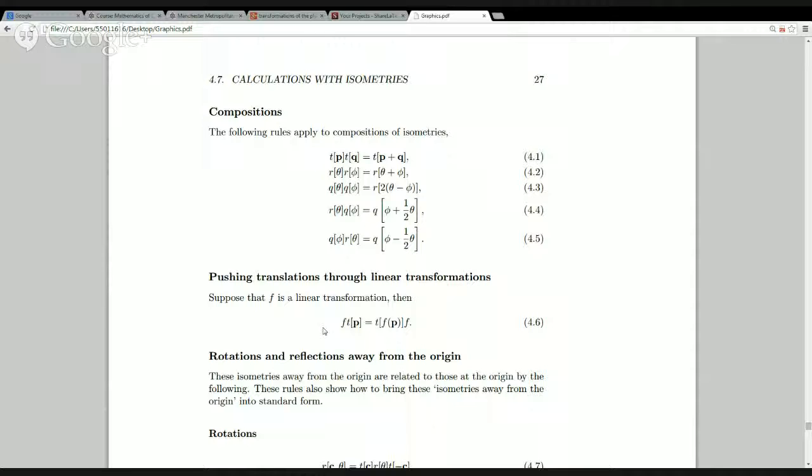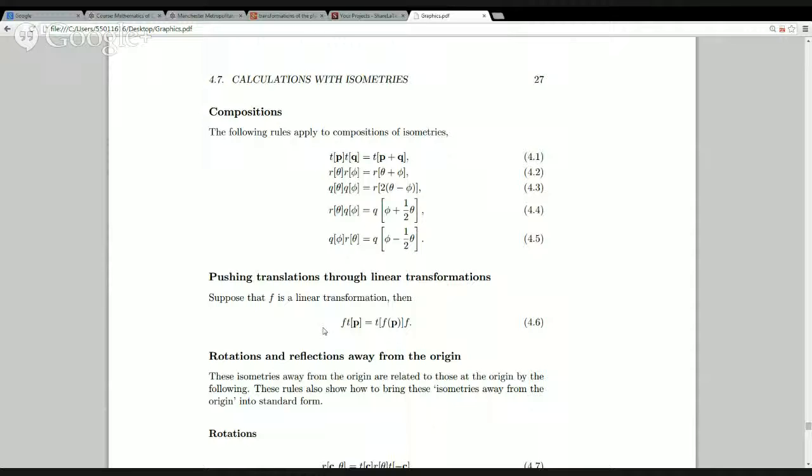Okay. So we know how to compose translations with translations, rotations with rotations, reflections with reflections, and rotations with reflections. The only things we haven't covered there are composing translations with rotations and translations with reflections. But we've already seen that. So that would be this kind of setup. We've already looked at this result.